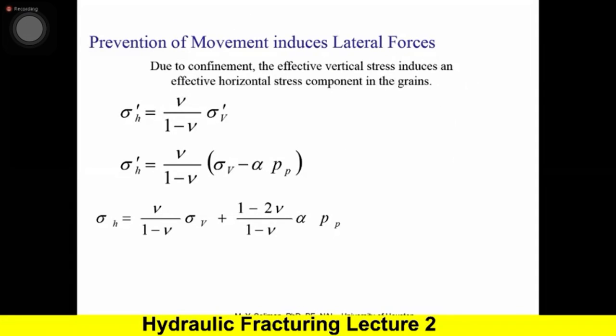Now, let me look at the first equation. I usually go through the derivation of this equation, which is very easy to do. My advice is, if you Google it, you'll find the derivation. The derivation is very simple.